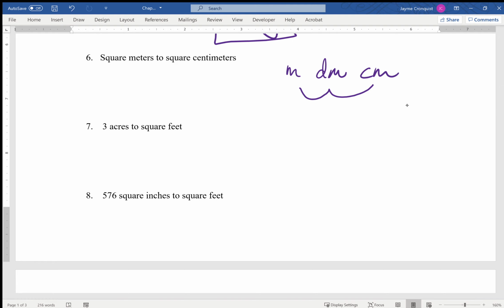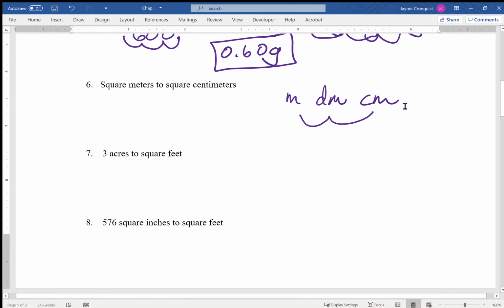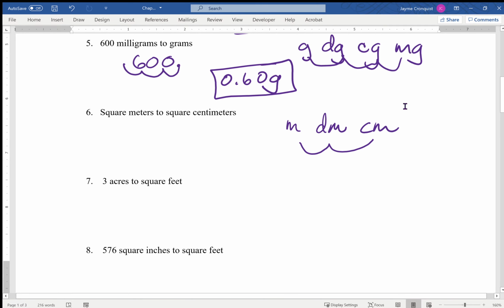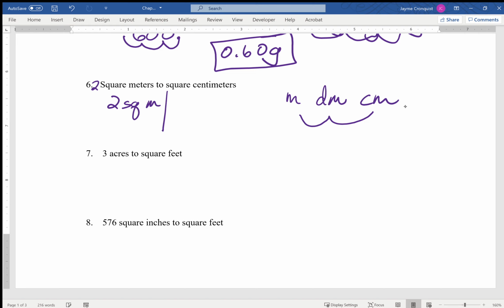Square meters. So if I have, interesting, I don't have a number of square meters. Let's just say 2. Okay, so if I have 2 square meters, I know that in 1 meter I have 100 decimeters.